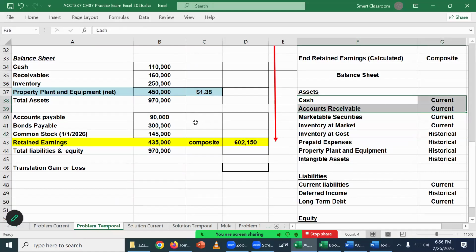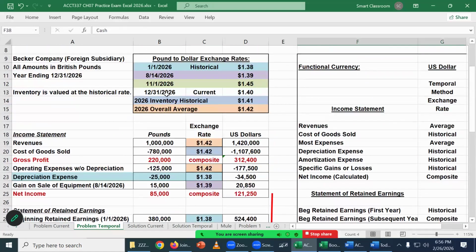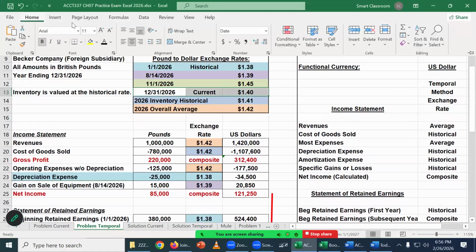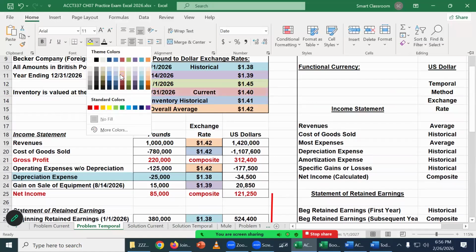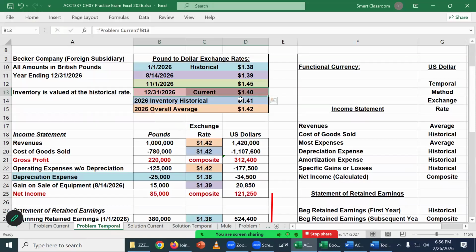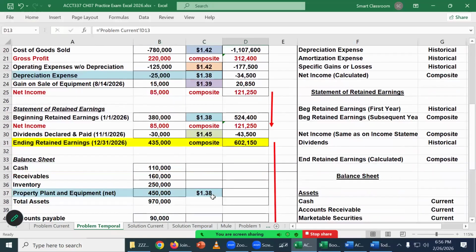So these two will be at the current rate, which is actually the year-end rate. 140.